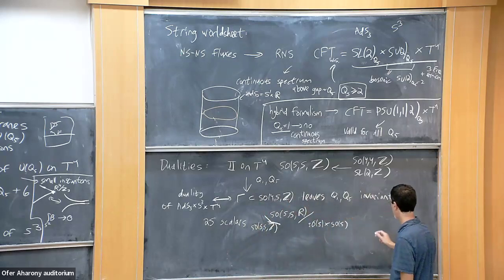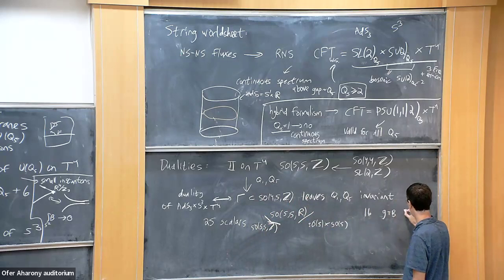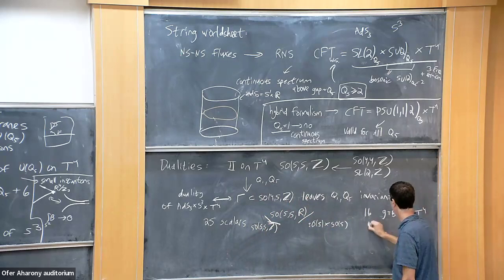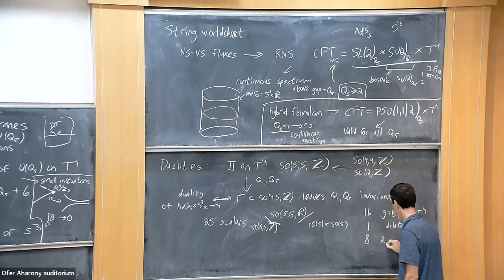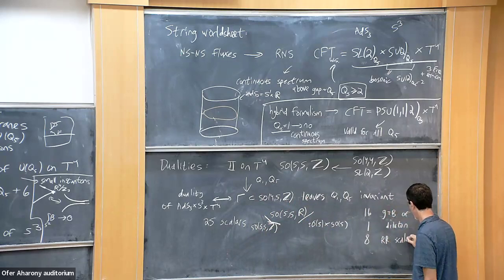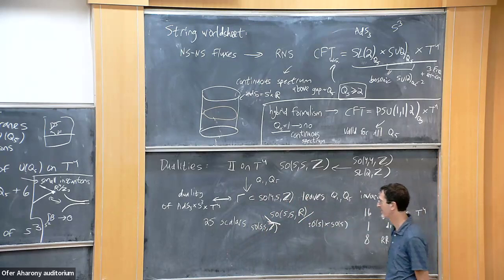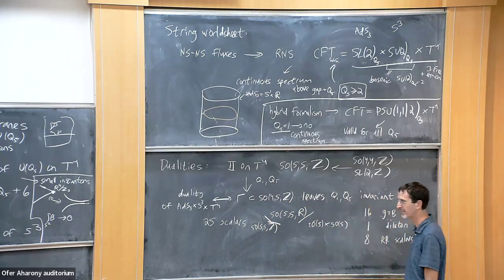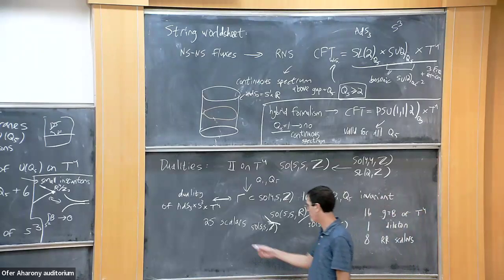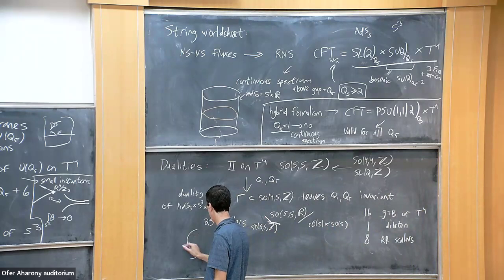So here we have 25 scalars, so 16 of them are just the usual moduli of the metric and B field of the torus. One of them is the dilaton, and 8 others are Ramond scalars, so just the usual Ramond zero form, and also the various integrals of the 2 form and 4 form on cycles of the torus. Altogether that gives 8 scalars. So those were the scalars before we took the near horizon limit.